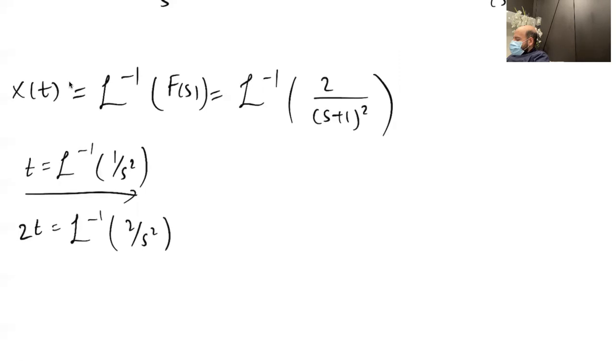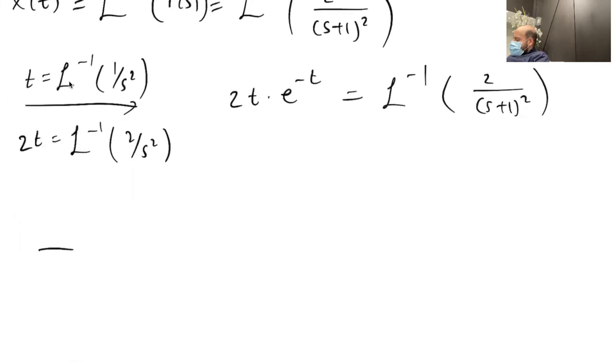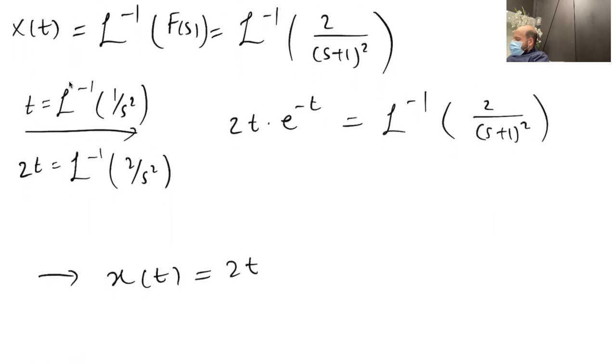So that means 2t e to the power minus t will be the inverse Laplace transform of 2 over s plus 1, the whole squared. And therefore x of t here is 2t e to the power minus t.